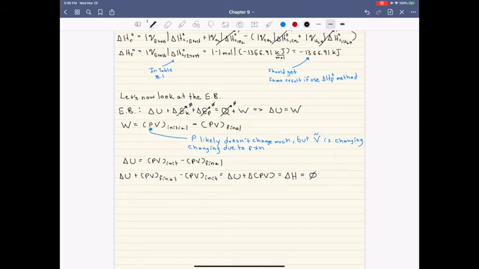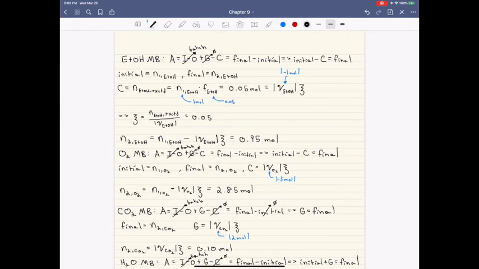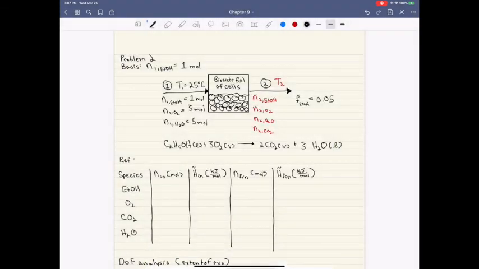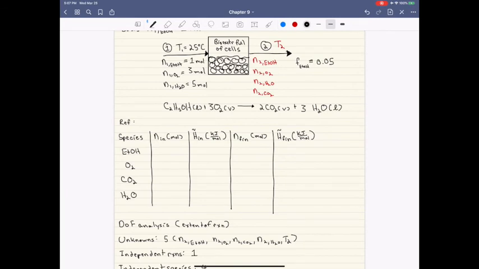But before we do that, let's think about what our reference conditions are going to be for the system. Okay? Once again, since we're dealing with a reaction, and our standard enthalpy of reaction for our system is typically defined at 25 degrees Celsius and 1 atm, it's best if we just set those as the reference temperature and reference pressure for each of our species.